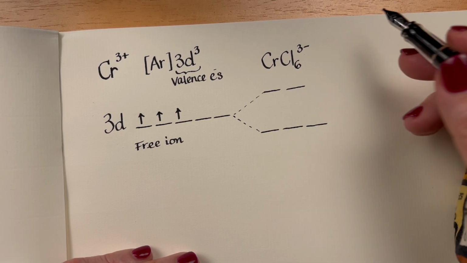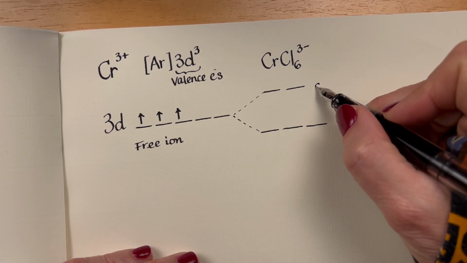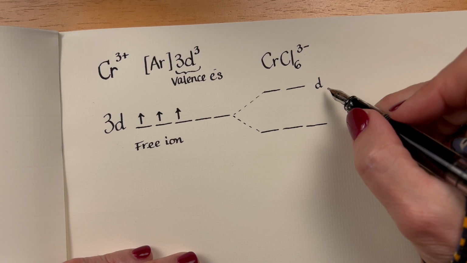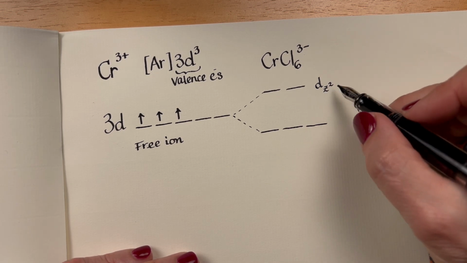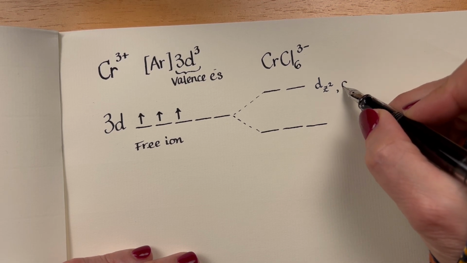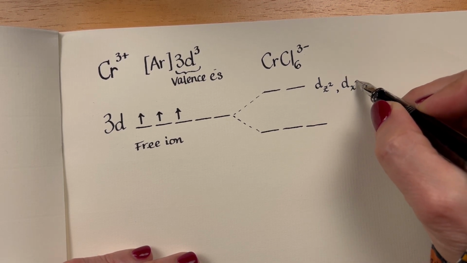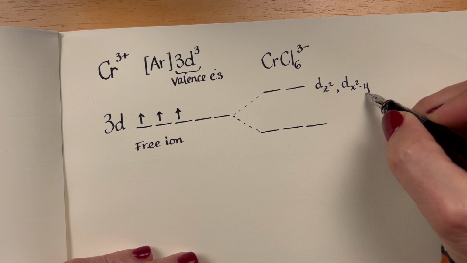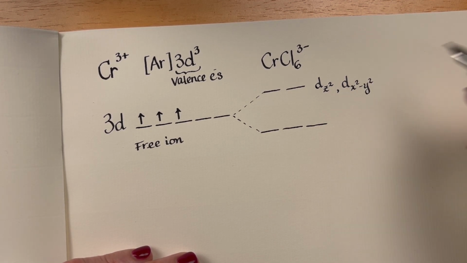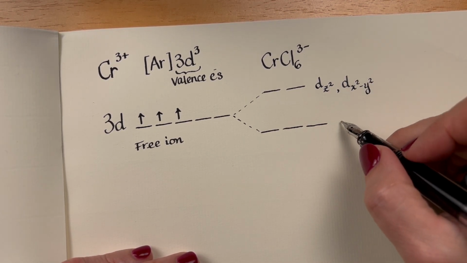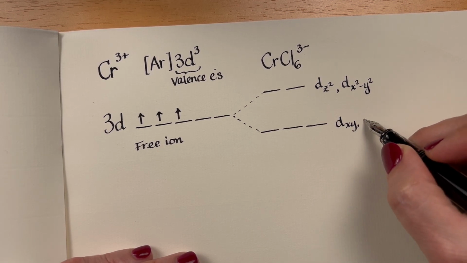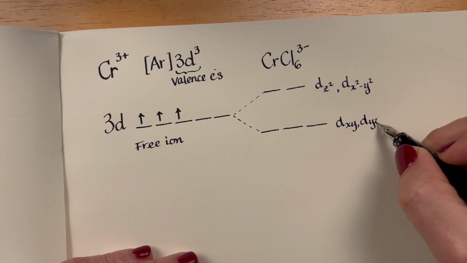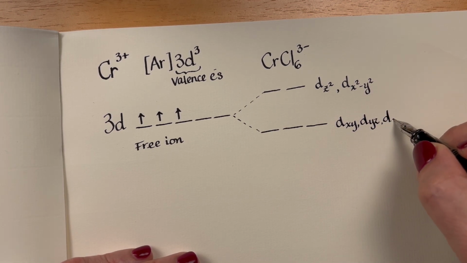But these two, if you're curious, specifically, these are the dz squared and dx squared minus y squared d orbitals. And these 3 are the dxy, dyz, dxz.